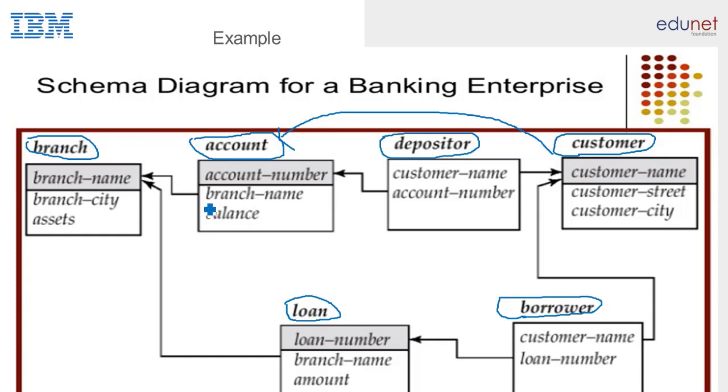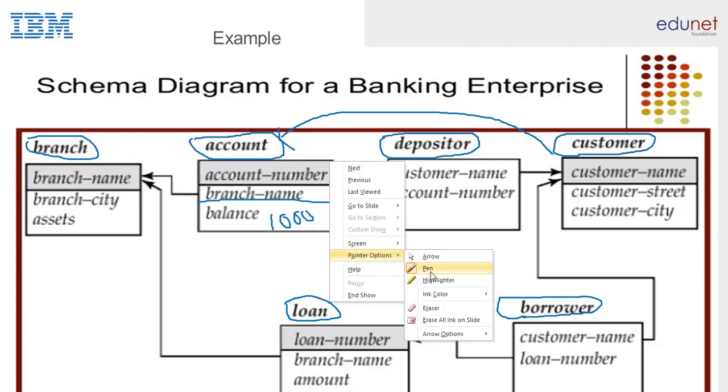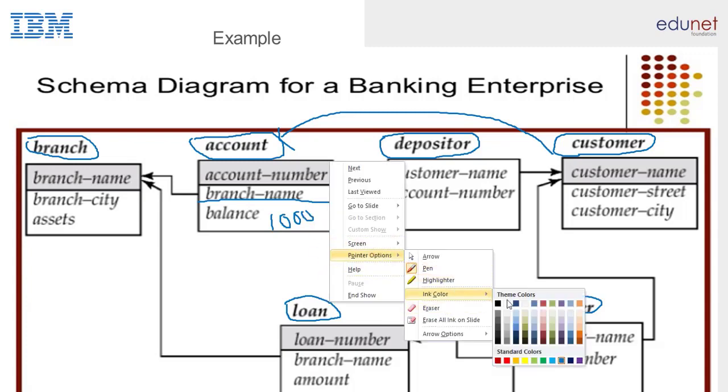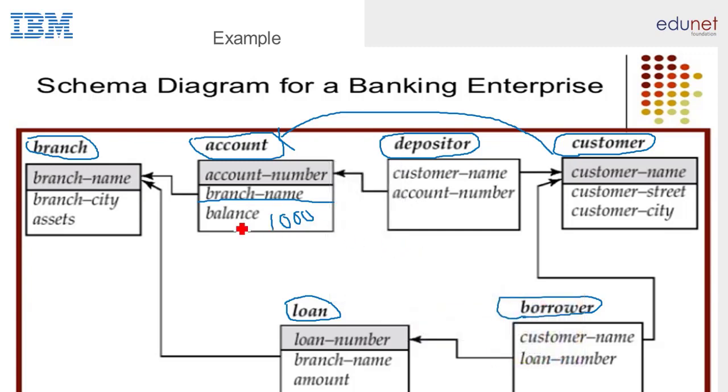Suppose Mumbai branch: my account is created in the Mumbai branch and I placed 1000 rupees as opening balance, right? 1000 is my opening balance and the branch is Mumbai.